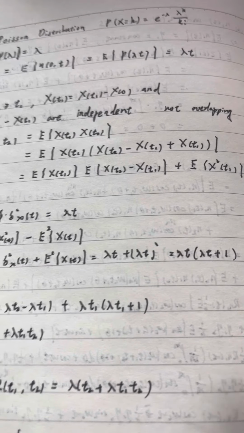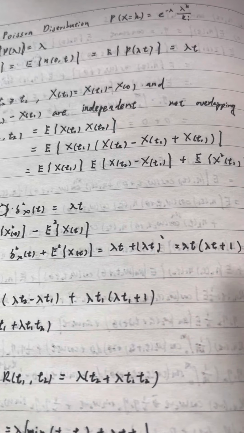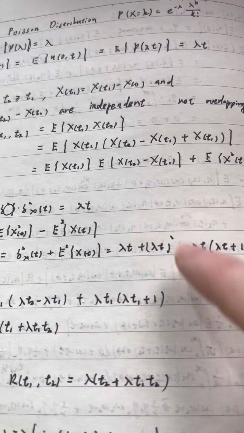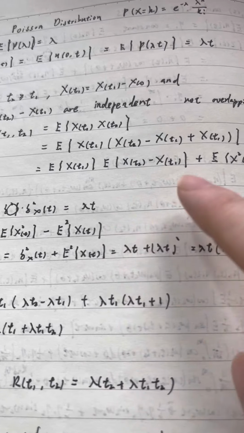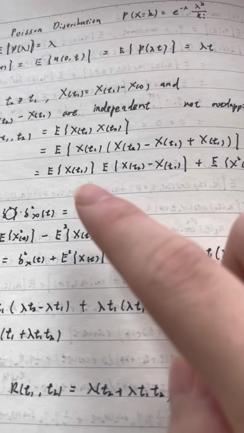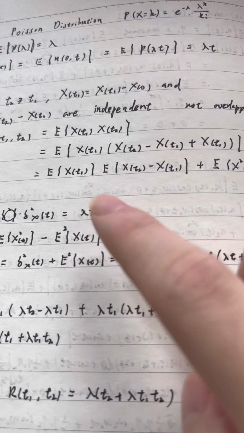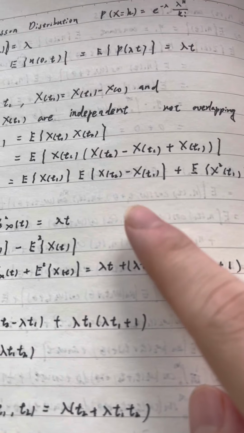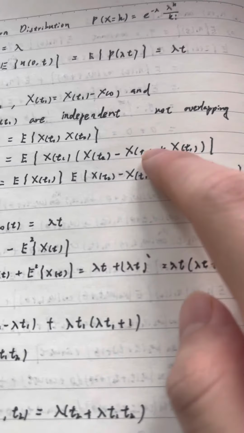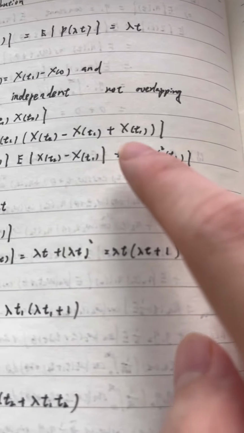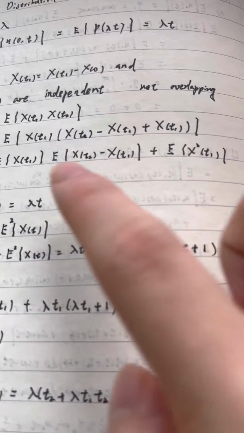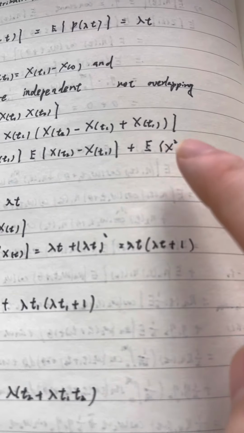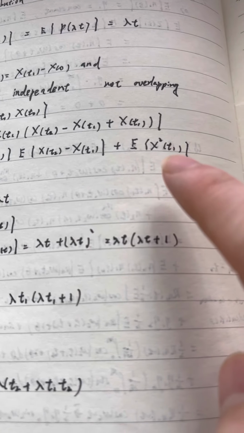Since we know they are independent, we can separate it. The first part is the expectation of X(t1) times the expectation of X(t2) minus X(t1), and the second part is the expectation of X(t1) times X(t1), which is the expectation of X(t1) squared.